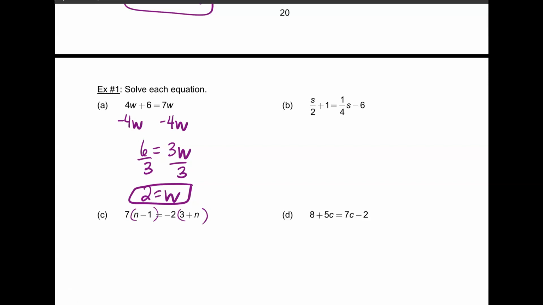Okay. Let's do B. B is a good one. So how would I do B? Is it Elizabeth? Sorry. So move all the variables on one side, numbers on the other.